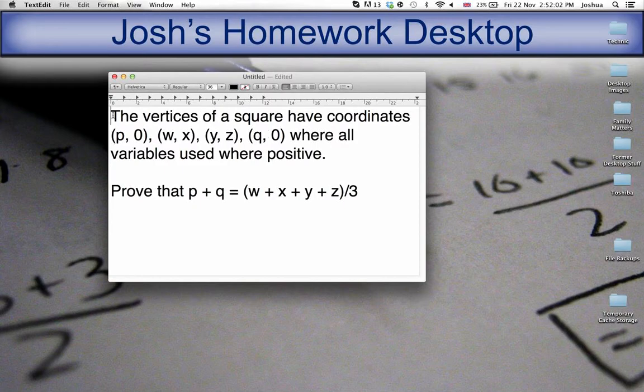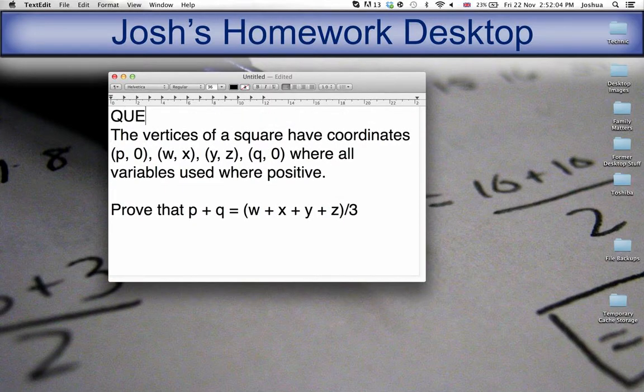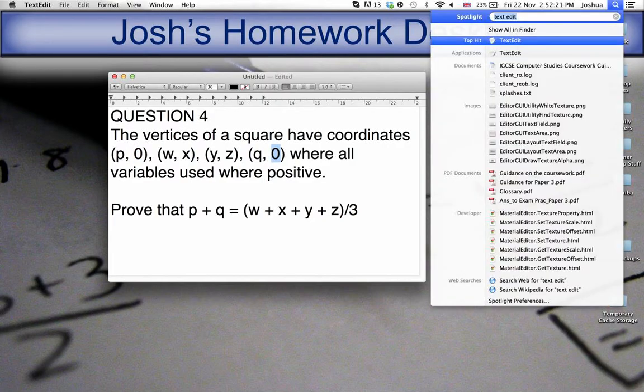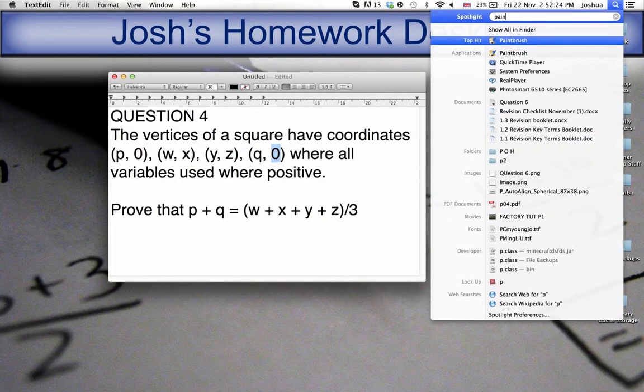Okay, let's think about this. Before we start any question, you must think about the question. The vertices of a square have coordinates (p, 0), (w, x), (y, z), (q, 0). So we know that these 2 points are on the axis. So I'm just going to open paintbrush.